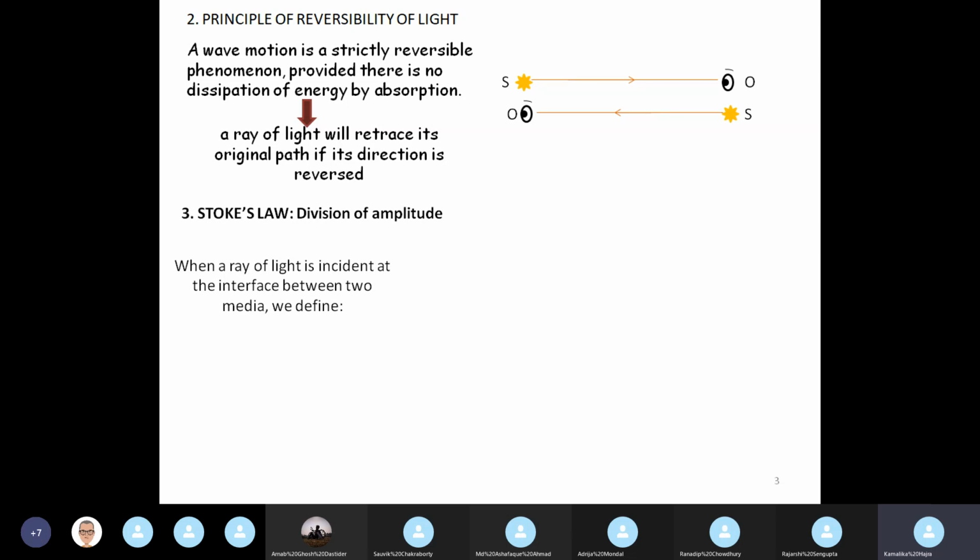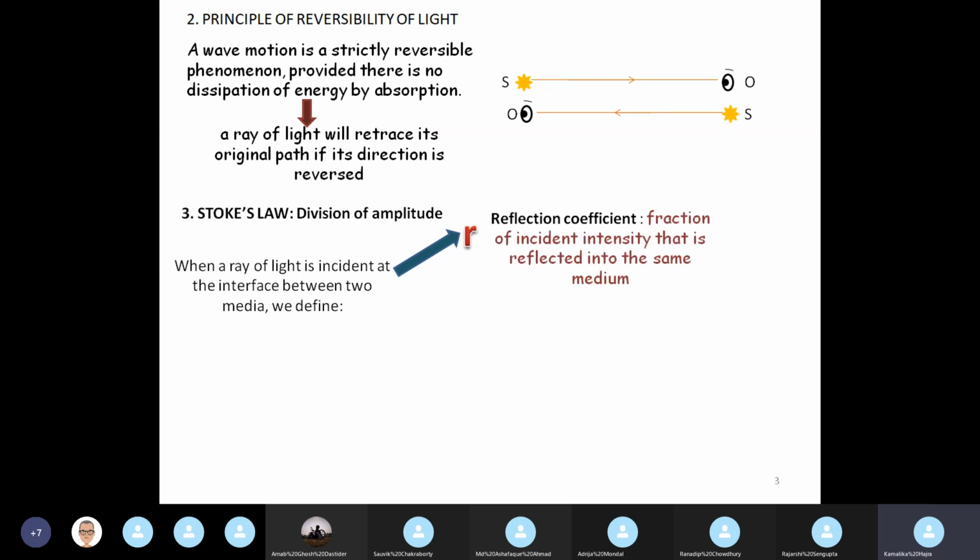Now how is this decided, that how much of light will be reflected back into the same medium and how much of it will be transmitted into the next medium? So there are basically two factors that we can define. The first parameter is designated by small r. This is known as the reflection coefficient. It is the fraction of the incident intensity that is reflected into the same medium.